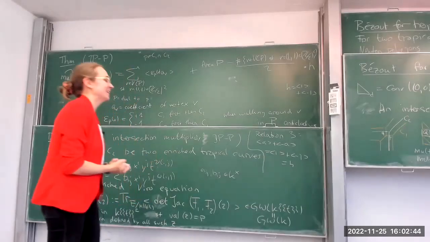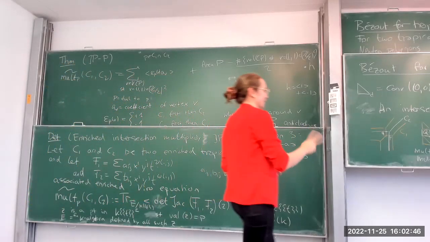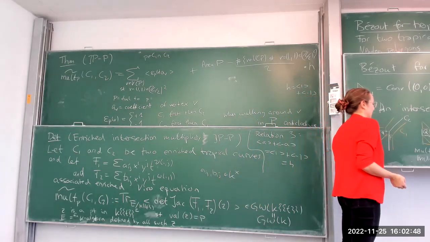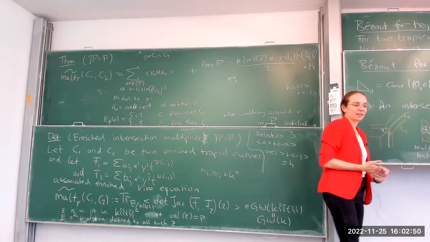Sorry. Yeah, I'm wondering if you can explain again why the multiplicity is independent from the order of C1 and C2. I mean, it's not. You get the minus sign. You really have to make a choice. So the multiplicity of C1, C2 would be different from the multiplicity of C2, C1.